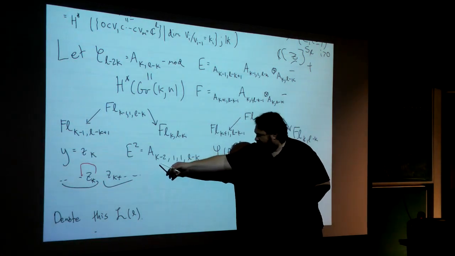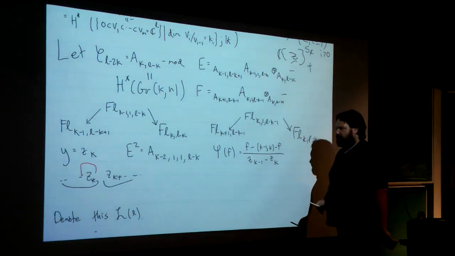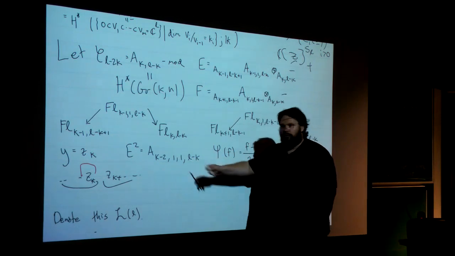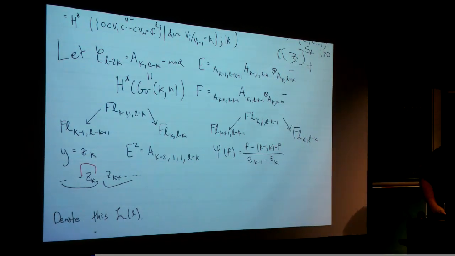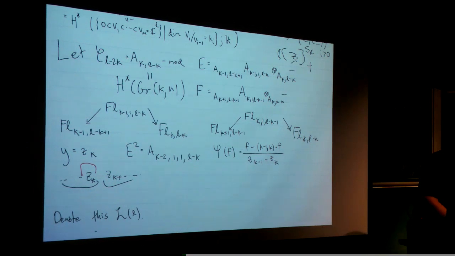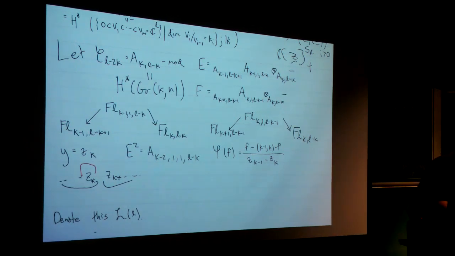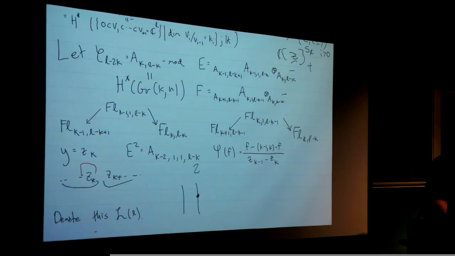That's the same as taking K minus 2 things and symmetrizing them, and then having 2 variables that sit on their own. Right? So when I do E squared, I would draw this as 2 guys. So multiplication by this guy corresponds to ZK.